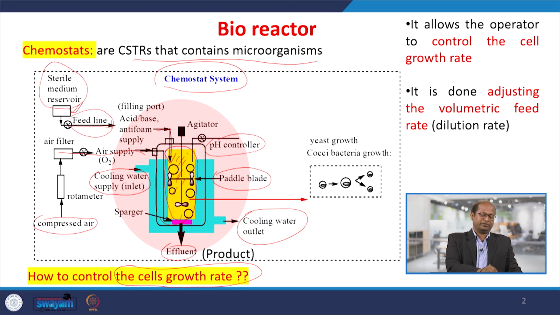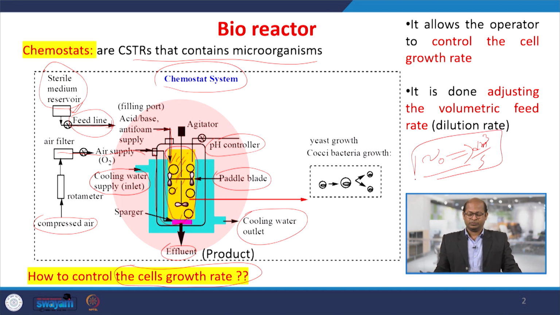We can control the volumetric flow rate of the feed entering the reactor, if it is not zero. By increasing or decreasing it, we control the cell growth rate. We do this by adjusting the volumetric feed rate, or dilution rate, and that is what we will discuss today.